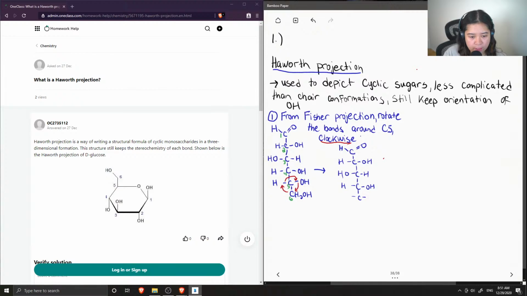So there's a hydrogen now on this right side. The OH is pointing down. And the last carbon alcohol group is just kind of on this side, like that.